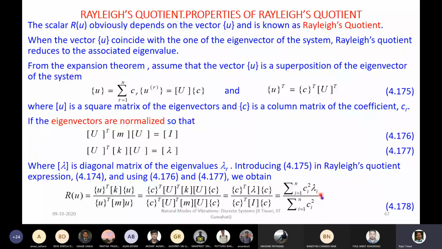To get this ratio equal to lambda_r, C_r should be very big as compared to C1, C2 and the other values.